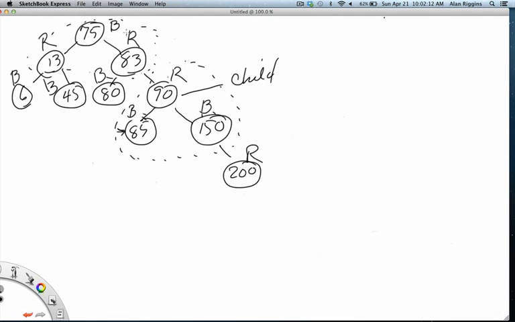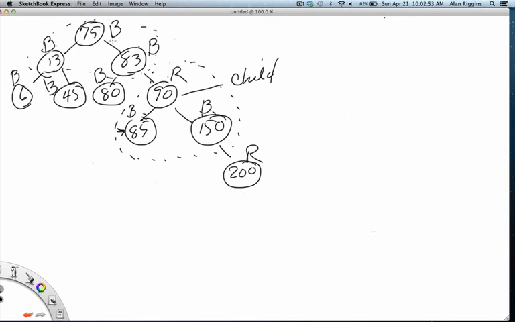So we do this, and we now have red, black, black. The root node cannot be red, so we recolor this back to black. So now again we have the same number of black nodes down every path.